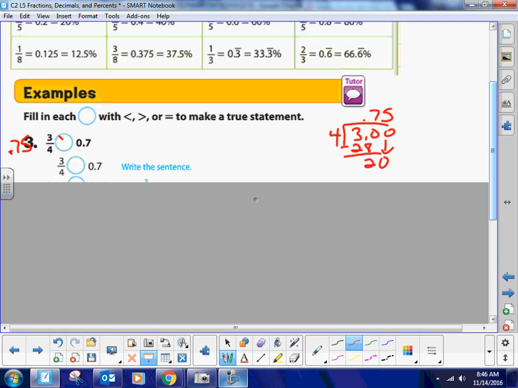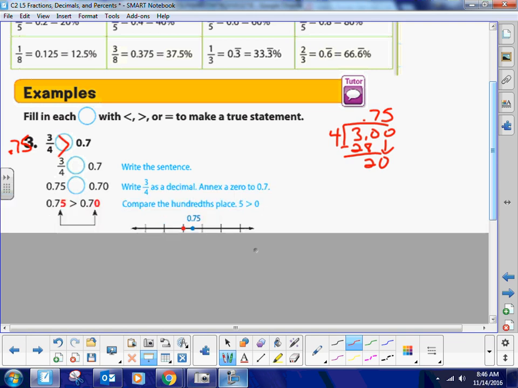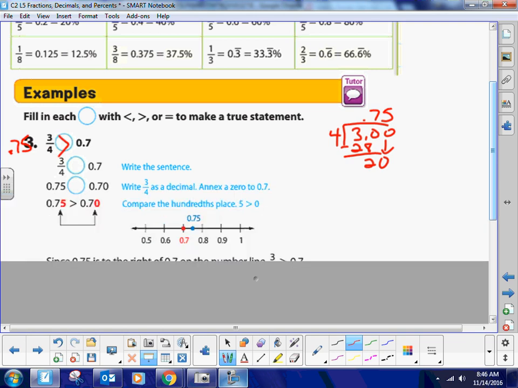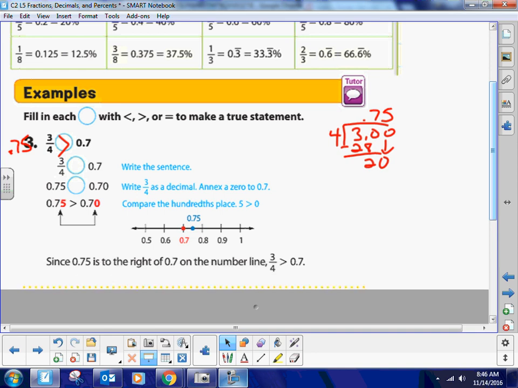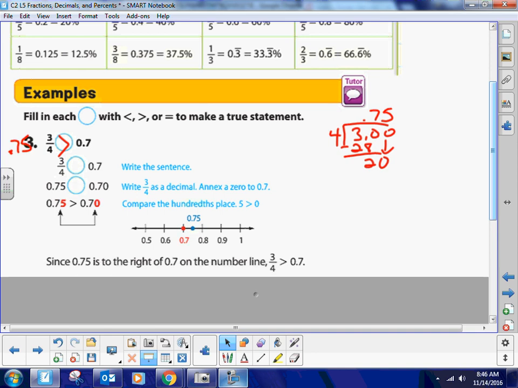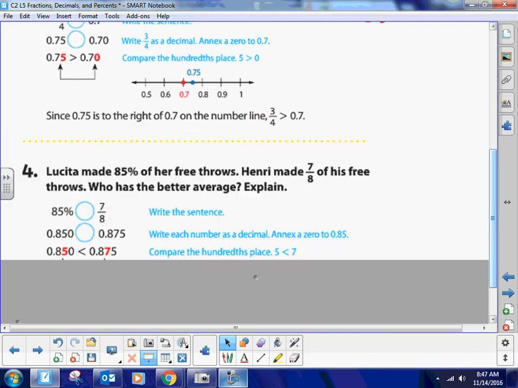That means this one is bigger or greater than that one. See, that's what they did here, okay? It's exactly what they did here. I just turn the fraction into a division problem, solve the division problem, and it becomes a decimal. All right, what else do they got for us?